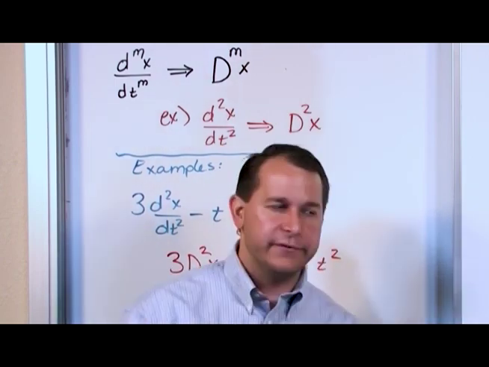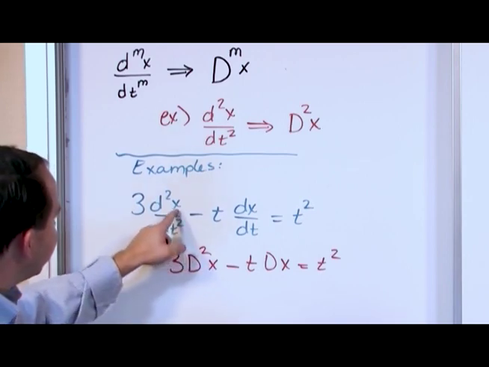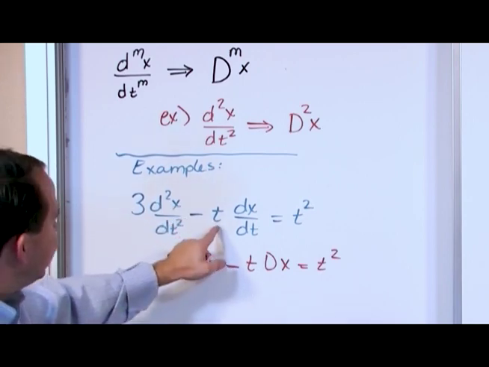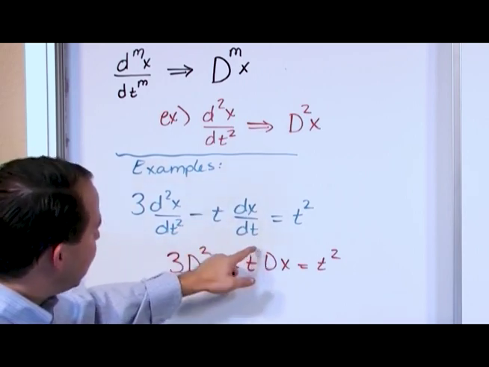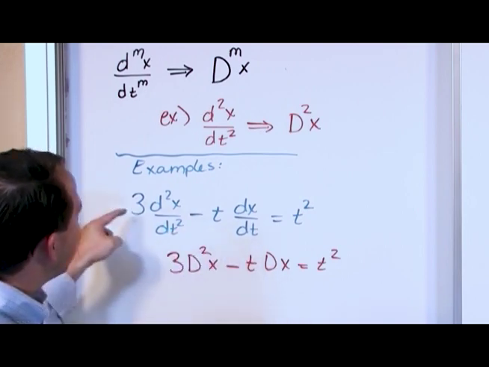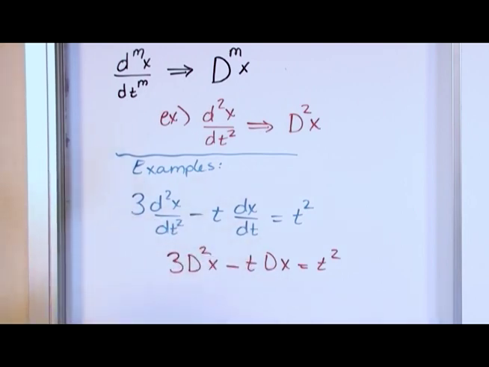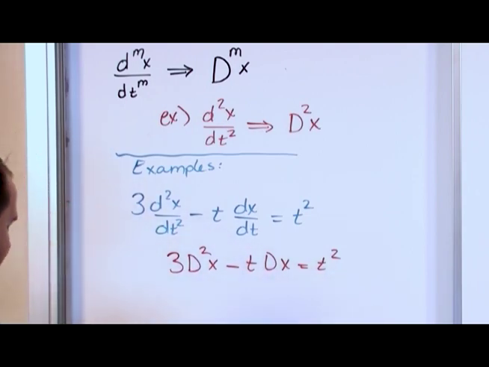It's second derivative. The D squared here means second derivative of whatever follows. In this case, x follows. Minus t stays from before. This capital D by itself means d dt of whatever follows, in this case x, same as here. So this is a direct translation of this. It doesn't make the problem more complicated or different. It's just changing the way that we write it down. The right-hand side stays the same.